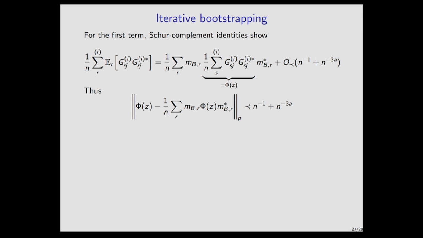And importantly, we get back the quantity we're interested in, which is phi. This is the error that we started with, plus some error. And so what we arrive at, if you just move this to the other side, is a bound on phi minus 1 over n sum over r of M_BR phi M_BR star. So a linear operator applied to our error phi is bounded by some better error, which is n to the minus 1 plus n to the minus 3a.